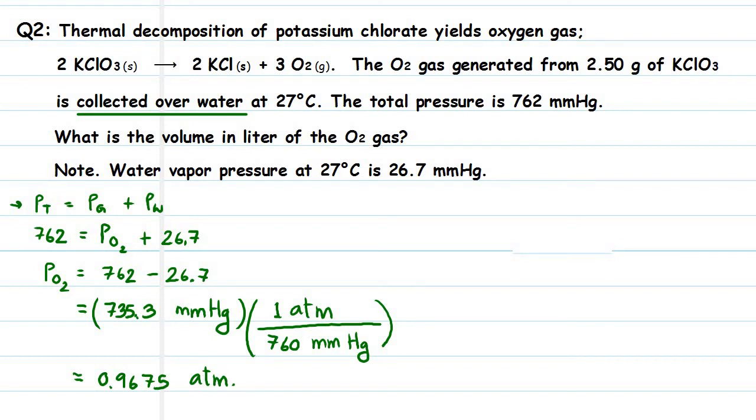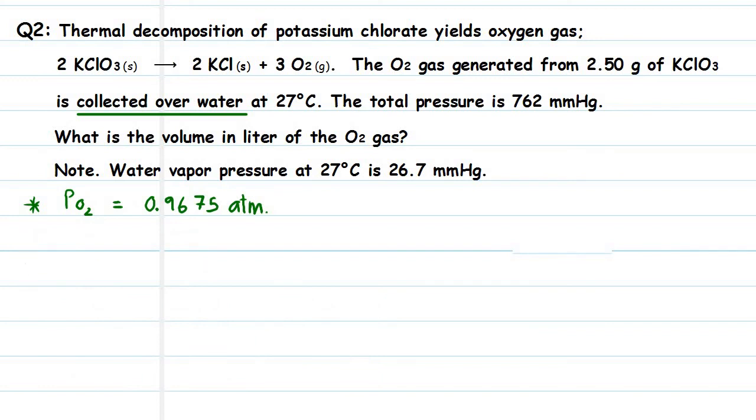And now we can follow the steps of the gas reactions. First, we have to check that the reaction is really balanced. KClO3 gives 2 KCl and 3 O2. In this case, it is really balanced, but I will leave it to you to check it.